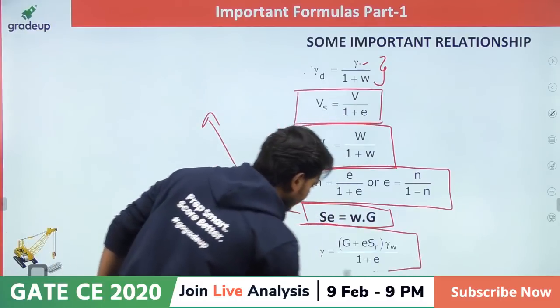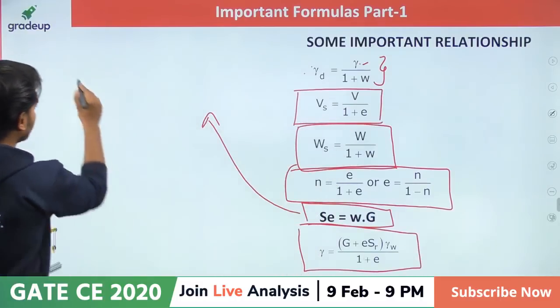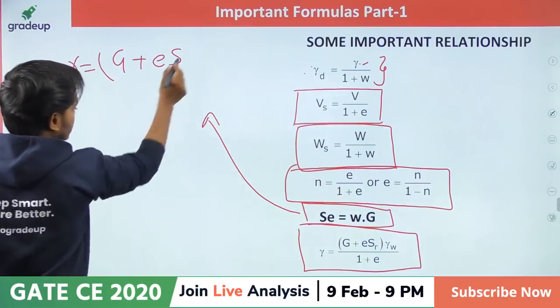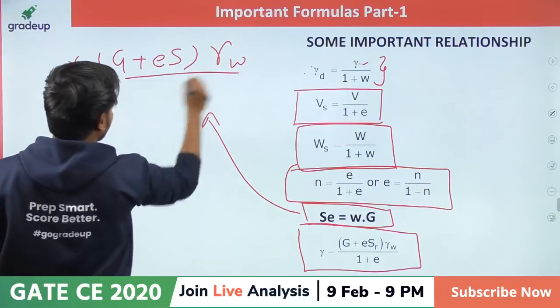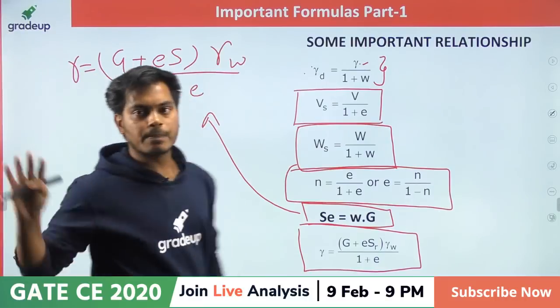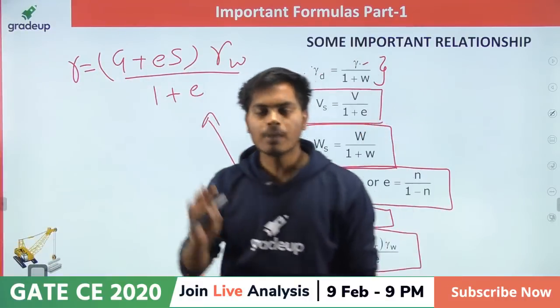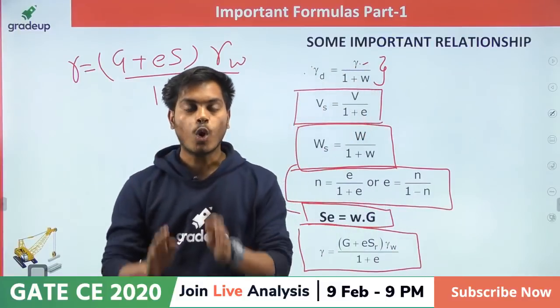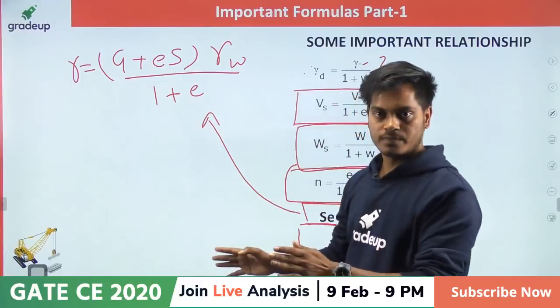फिर ये आता है one more important, how you can get the value of, this is nothing but gamma is equals to G plus ES gamma W upon 1 plus E. So right now this is gamma bulk. What is gamma bulk? Gamma bulk is nothing but the unit weight of existing condition.